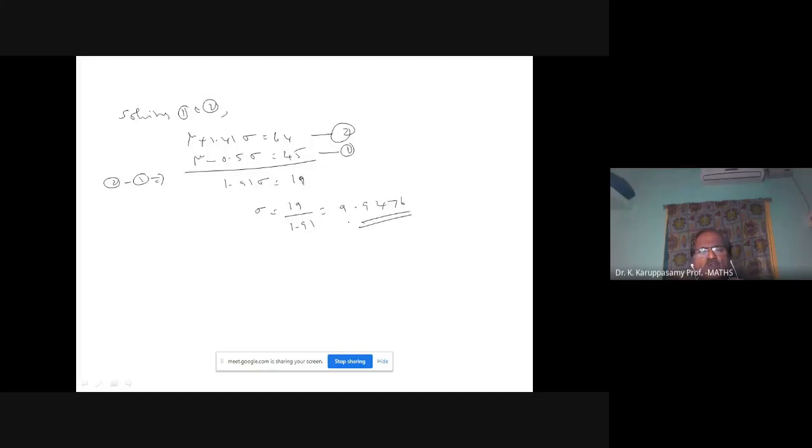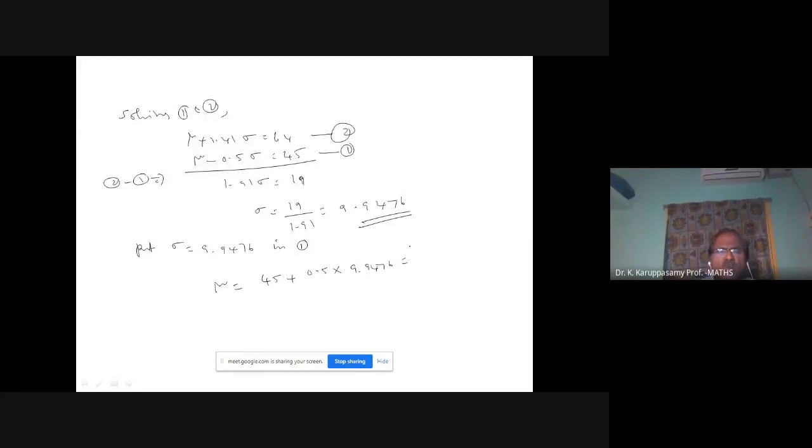If you substitute this value in any one of the equations, put sigma equal to 9.9476 in equation number 1. Mu equals 45 plus 0.5 into 9.9476.